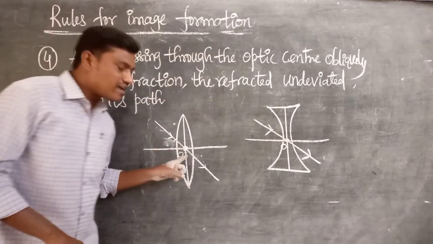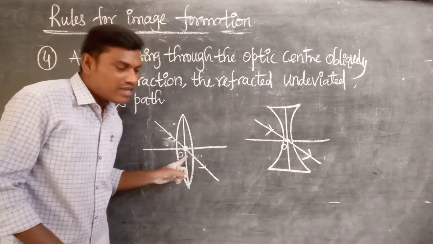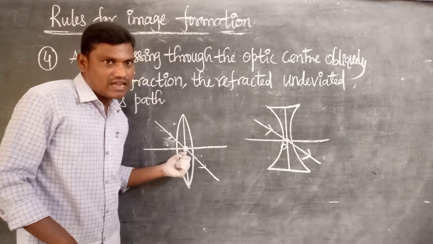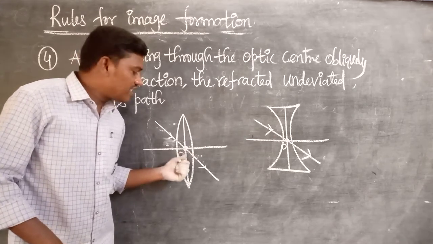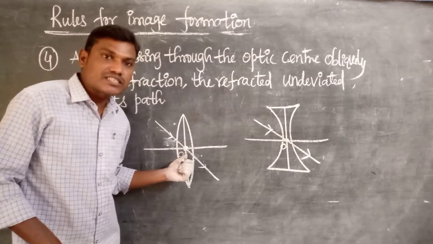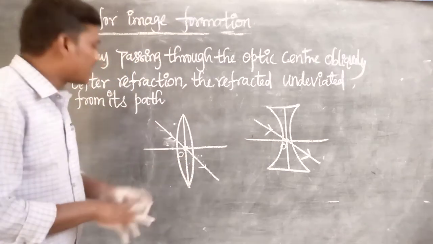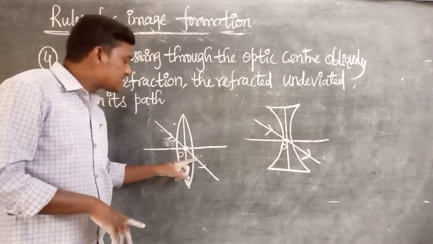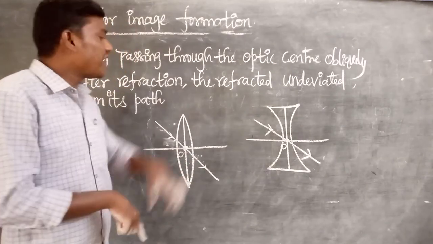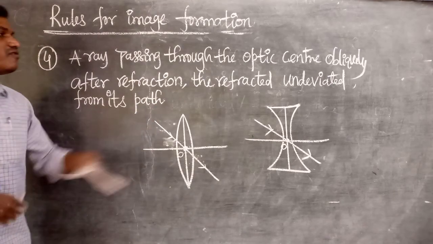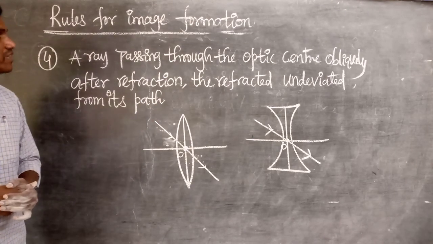But is it really undeviated? No, the ray is deviated. But the deviation produced by thin lenses is very less. That's why we neglect the deviation produced by thin lenses. Due to that, you consider it undeviated in case of both convex and concave lens. These are the 4 rules for image formation.